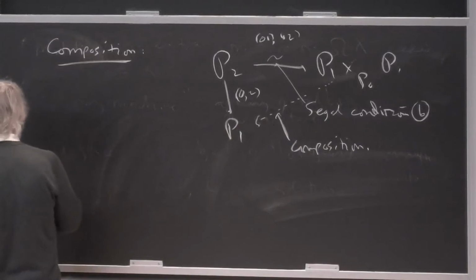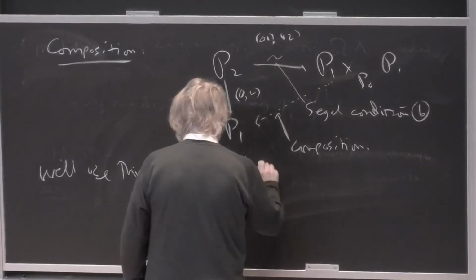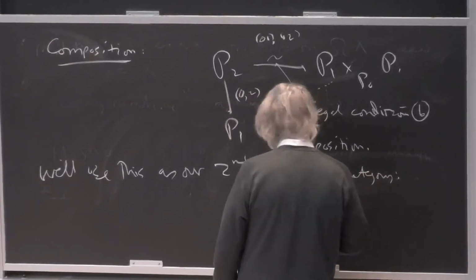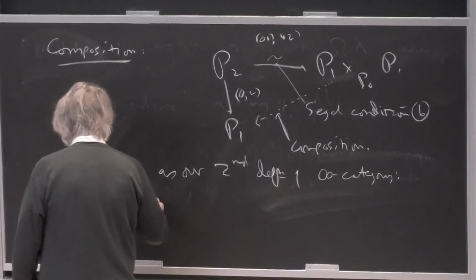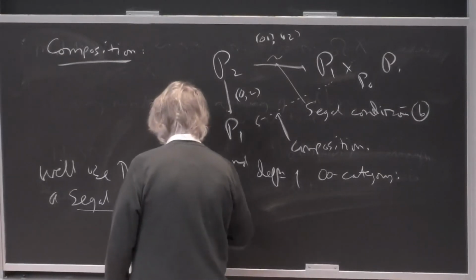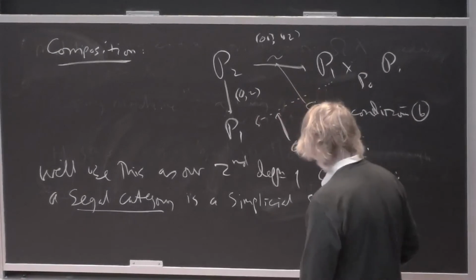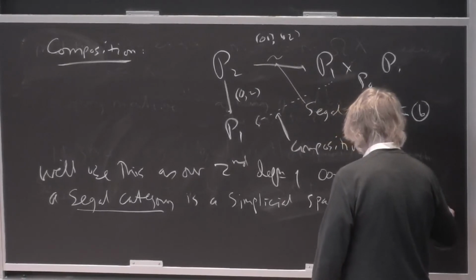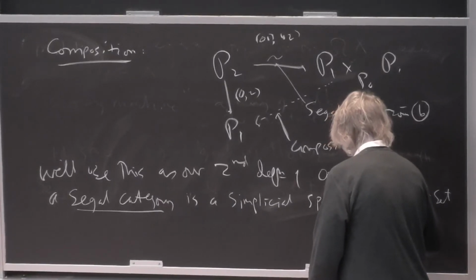Now, we can just take this as a definition. We'll use this as our second version of an infinity category. We'll say that a Segal category is a simplicial space. By that, what you're supposed to read is really a bisimplicial set. In other words, it's a functor from delta op cross delta op into sets.